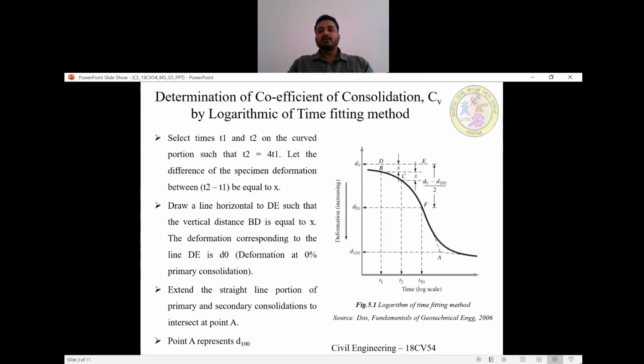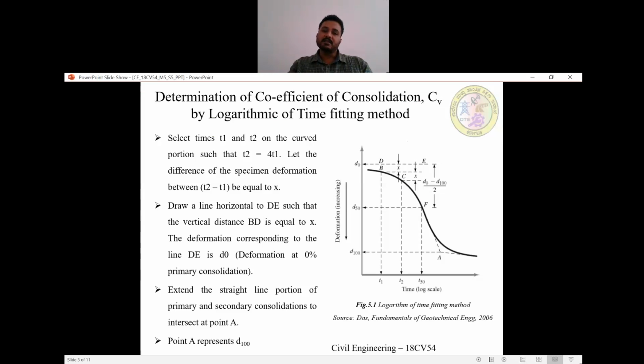So in order to find out the coefficient of consolidation with respect to 100% consolidation, what we do is we extend a line from the straight line portion of the curve, and we do a backward extension of the line from the straight line portion from the end part of the curve.